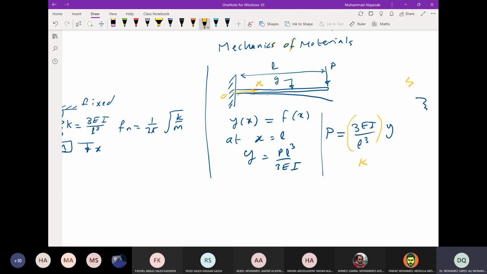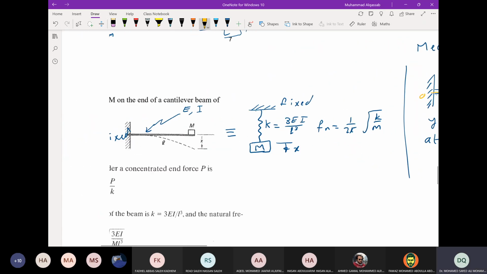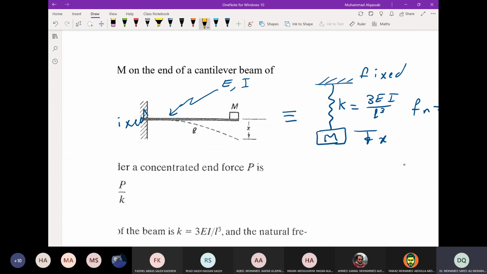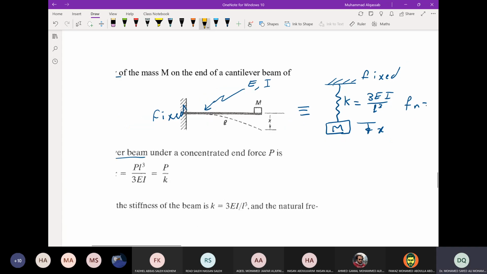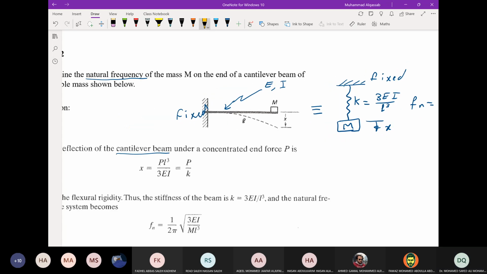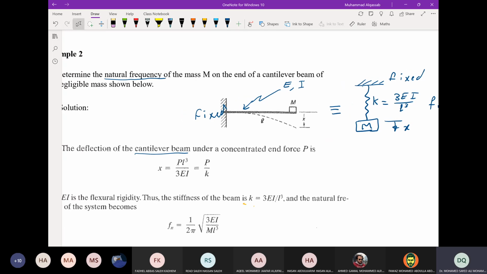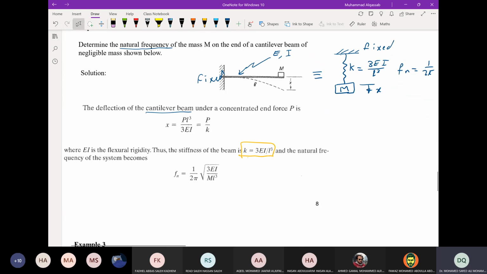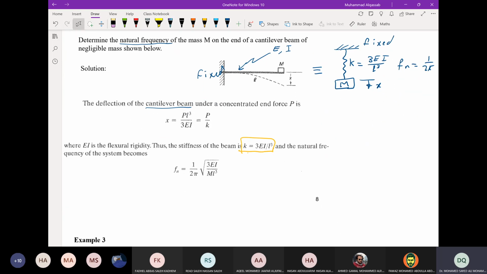Okay, now in vibration, usually we use X rather than Y. And X here is the deflection of the beam at the free end. So K is equal to 3EI over L cubed, and then we just need to substitute in the equation of Fn.